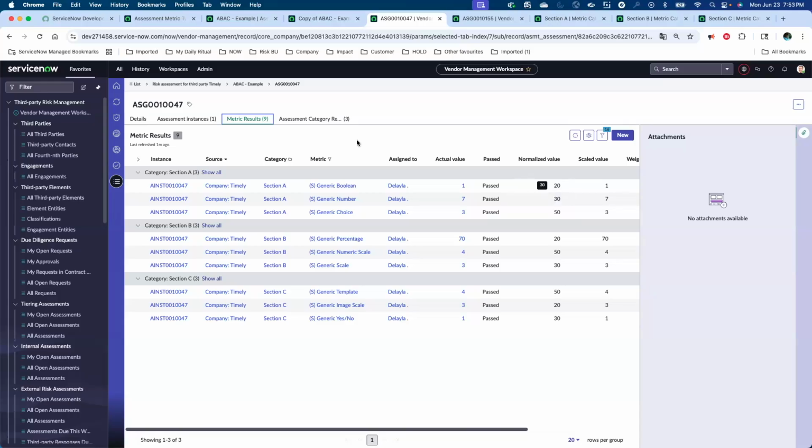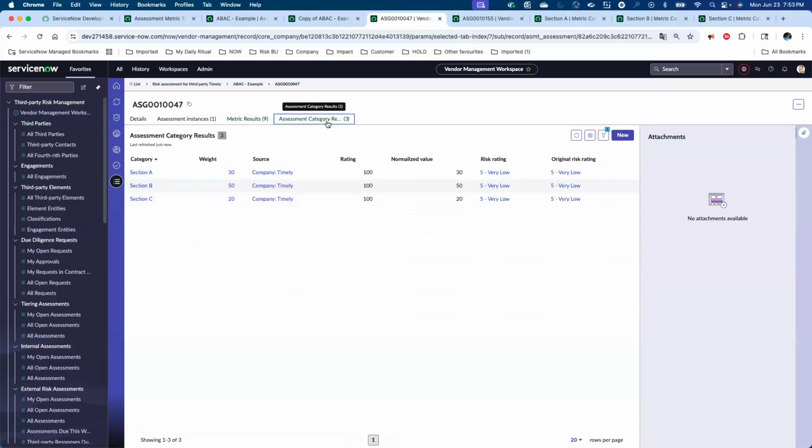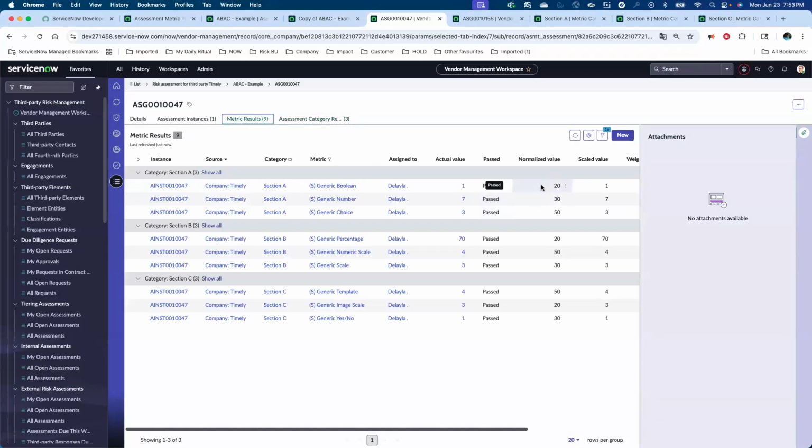Now, if you look at the assessment category results, the assessment category rating here is basically a cumulative sum. So that's your category rating. It's basically 20, 30, 50 all added together.